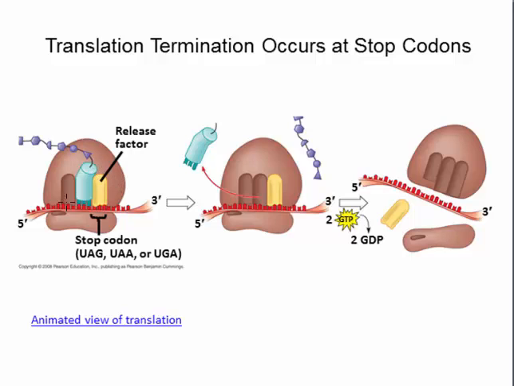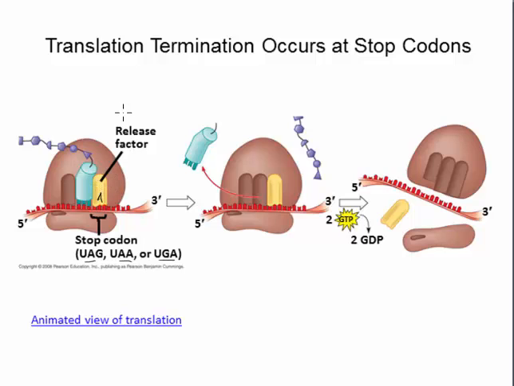Well, when the ribosome translocates such that there's now a stop codon positioned in the A site, in eukaryotes the stop codons would be UAG, UAA, or UGA, then there's no corresponding tRNA that binds to the stop codon. There are no tRNAs that have matching anticodon sequences to these stop codon sequences.